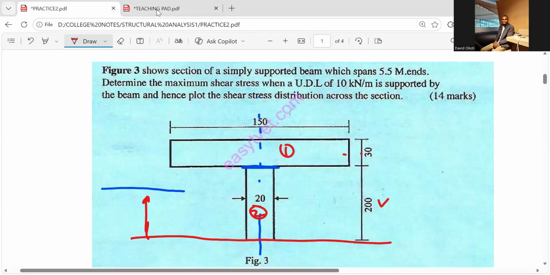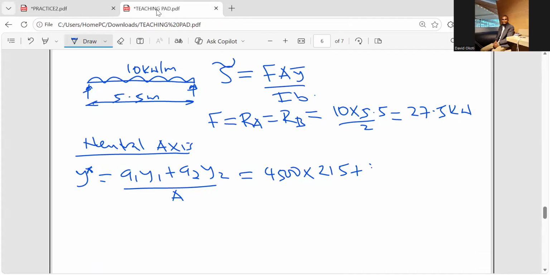Plus area 2. Area 2 is 200 times 20 because this is the area of the web. The web is 20 millimeter thick and 200 millimeter deep. So it is 200 times 20, you get 4,000, times Y2.